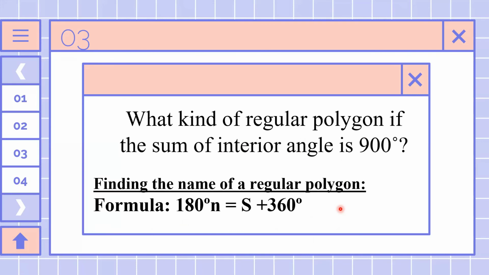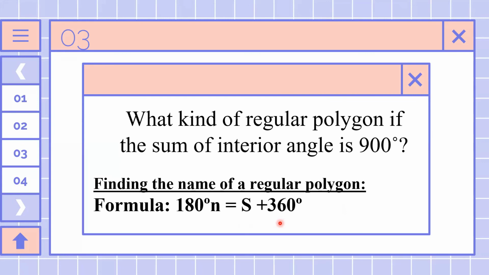So, kani ang formula nato ang gamito. So, 180 degrees n is equal to S plus 360. Alright? Screenshot na or nasulat na? Po, ma'am. Sige, kani siya nga formula is pangitaon na to ang pangalan sa regular polygon.